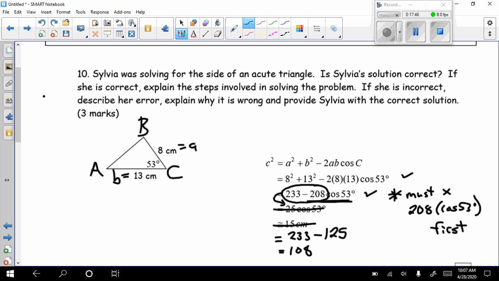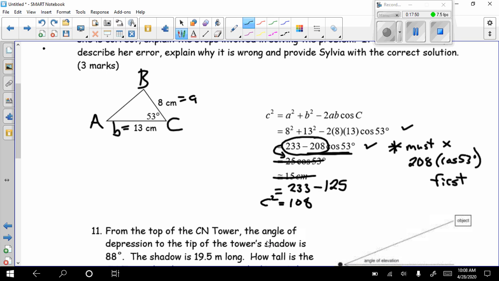But remember, that's c squared still. And so the last step would have been to take the square root of both sides. And so c should have been 10.4 centimeters.